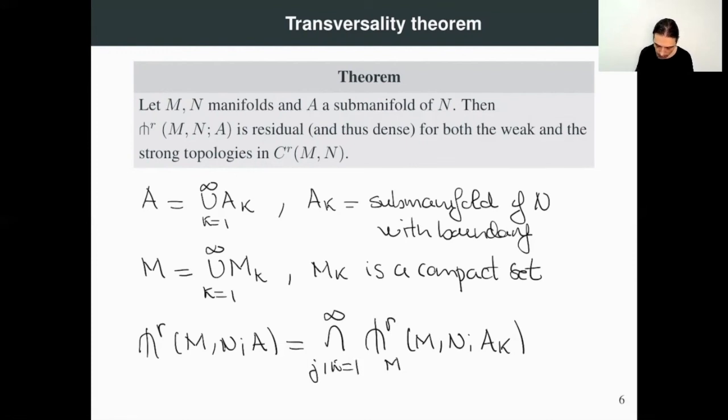Now it's clear. As a consequence, since these sets are open and dense for both the weak and the strong topology, because MK is compact and the set AK is closed, the set of CR maps that are transverse to A is residual, and in particular, dense.